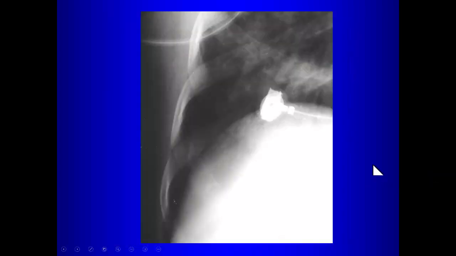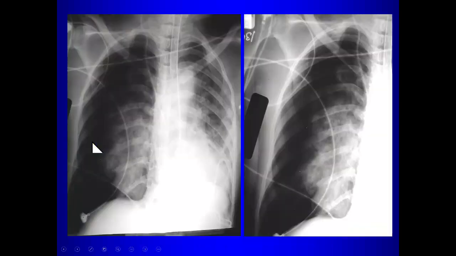So that's called the deep sulcus sign. If we take a close look, we can see the edge of the visceral pleura here, and then this represents the air within the costophrenic angle. On the same patient, the follow-up shows that the pneumothorax got even larger.